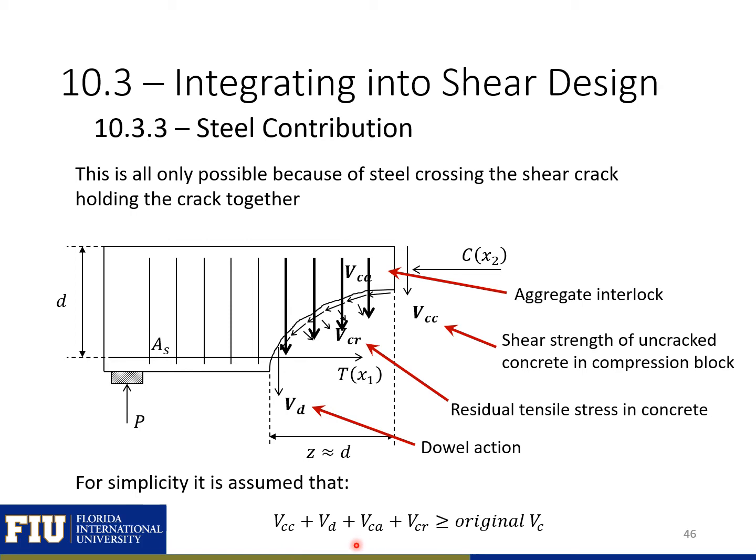These components are only greater than or equal to our original Vc if we have minimum reinforcement crossing the crack. So this minimum reinforcement helps to hold the crack together, which allows these four components to engage. If we didn't have minimum shear reinforcement, then we wouldn't be able to make this assumption here.